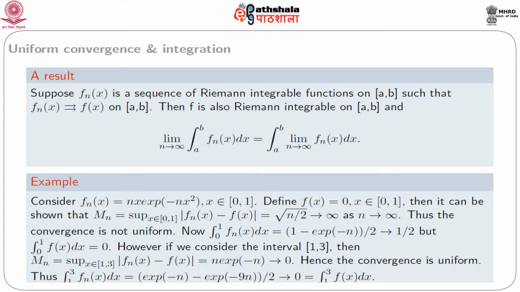However, if we consider the closed interval with endpoints 1 and 3, then Mn as defined earlier comes out as n multiplied by e to the power minus n, which tends to 0, and hence the convergence is uniform over the closed interval [1, 3]. Therefore, it can be seen that the operations of limit and integration are exchangeable. So, we get in both cases the same value.